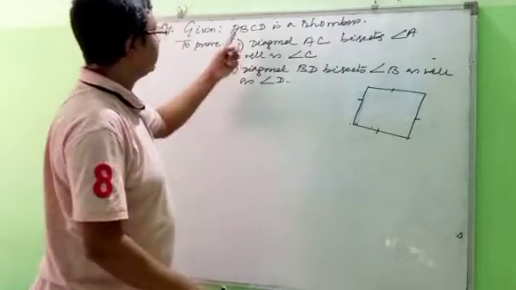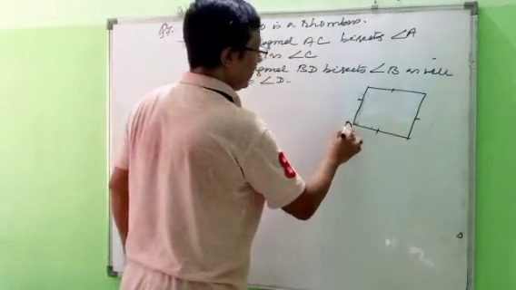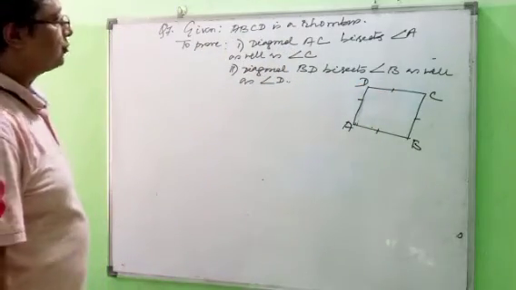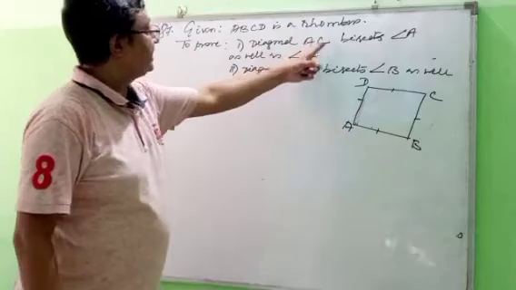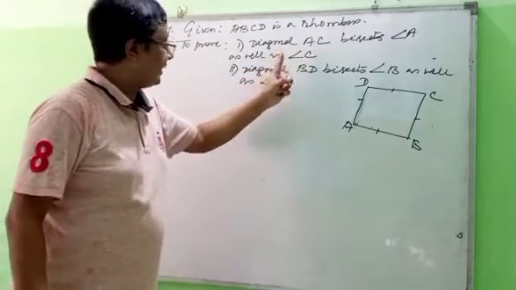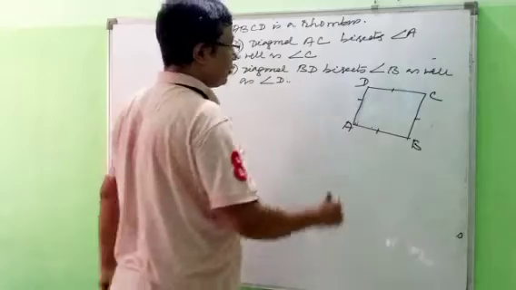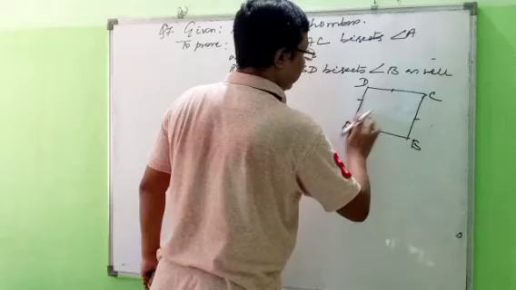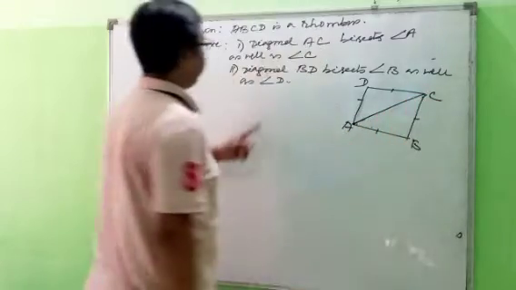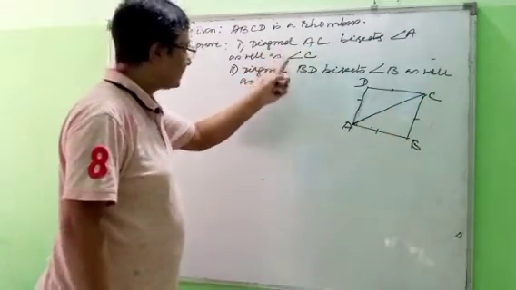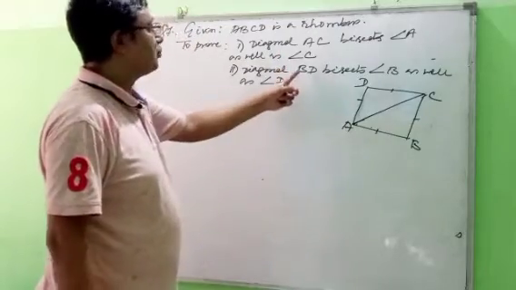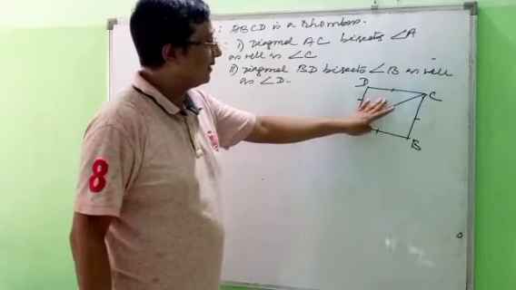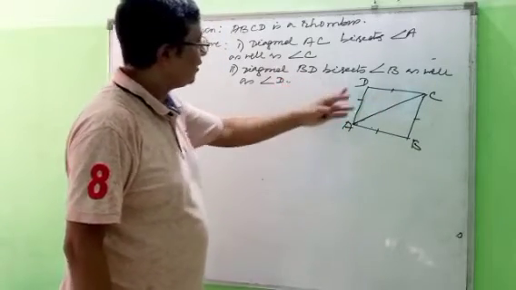Now you have to prove that the diagonal AC bisects angle A as well as angle C, so join the diagonal AC. Secondly, you will join BD. Let me first join just AC to make it clear.